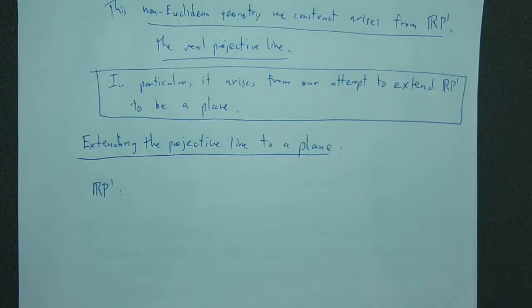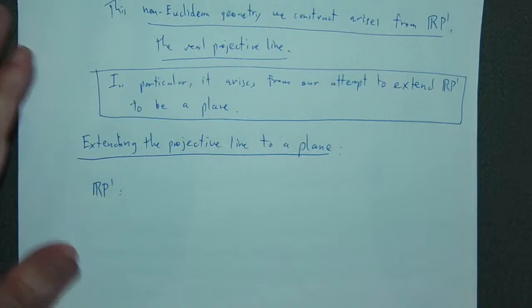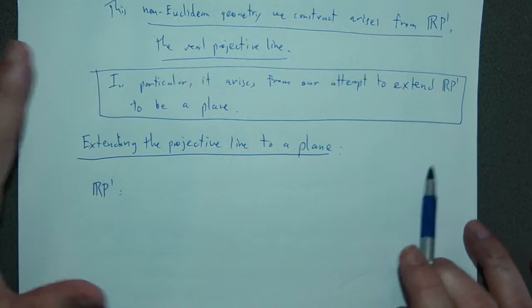And so what we need to do here is give ourselves a little bit more space so that we can actually see geometrically what's happening. And that's kind of the intuition behind wanting to extend RP1 to be a plane. And so what is the way that we would do this?